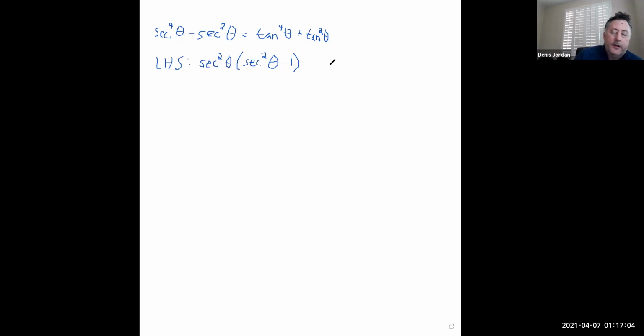So secant squared, there's a Pythagorean identity that has a secant squared in it. So I'll just write it over here on the side, just so everybody can remember what it is.